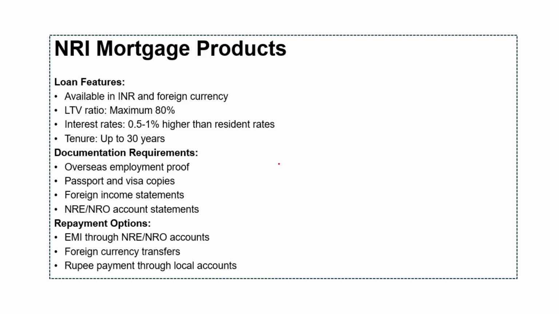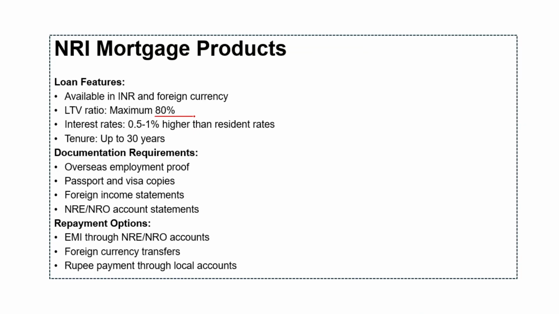The 80% maximum LTV ratio reflects heightened risk perception due to limited legal recourse and collection challenges. We have to understand that in case of any mischief from the side of the NRI borrower, the recourse which is available to banks is very less.